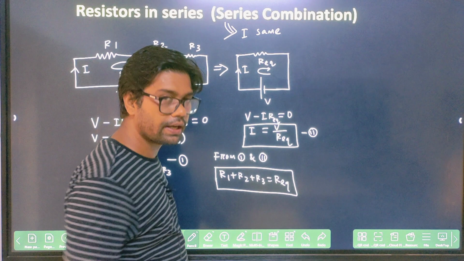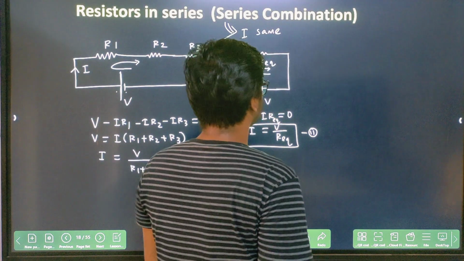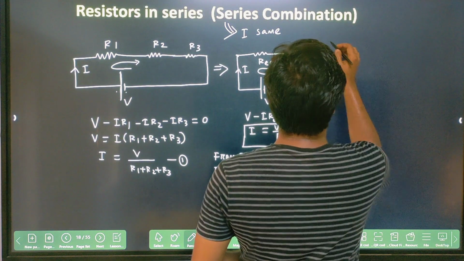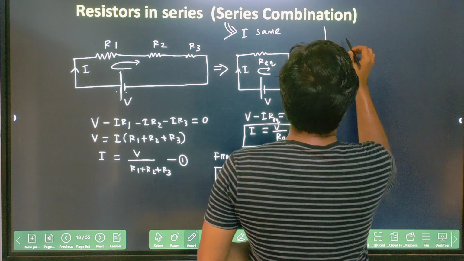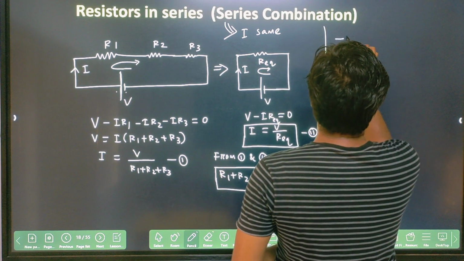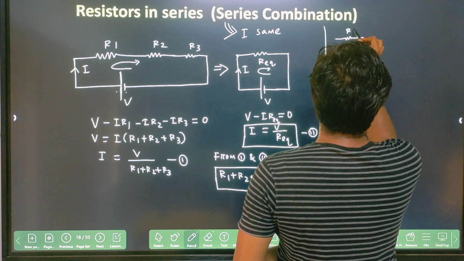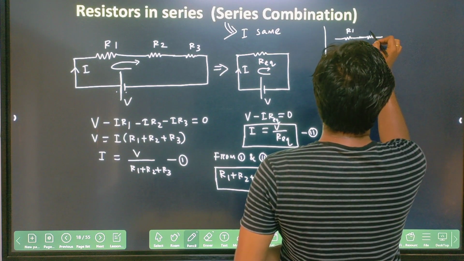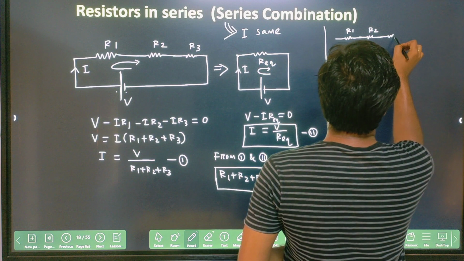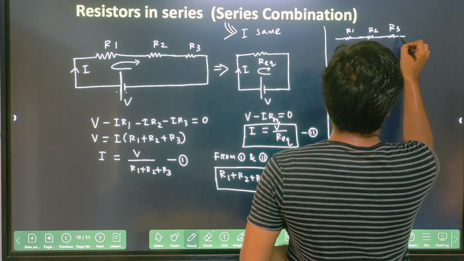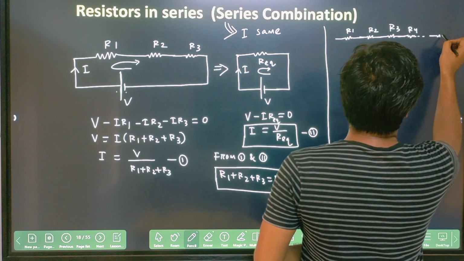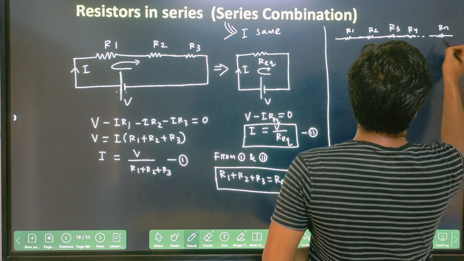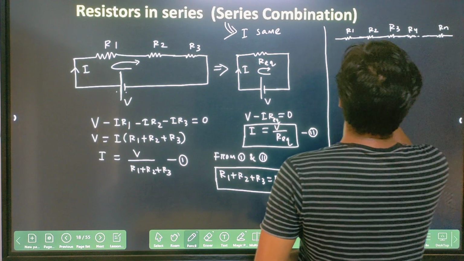Clear? Now let's say I connect n number of resistors here, R1, R2, R3, R4, up to Rn, connected like this.